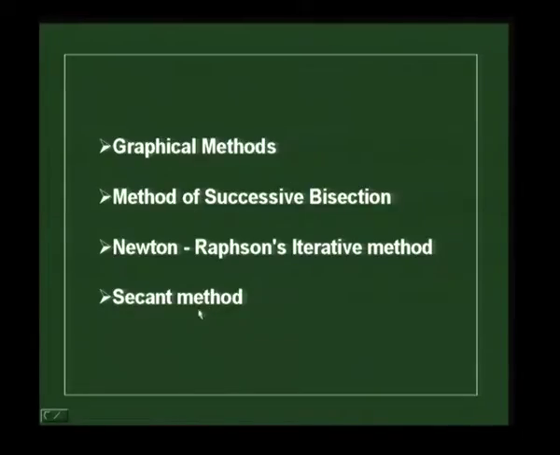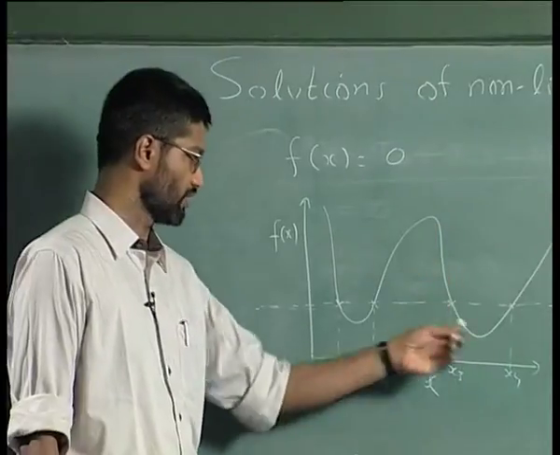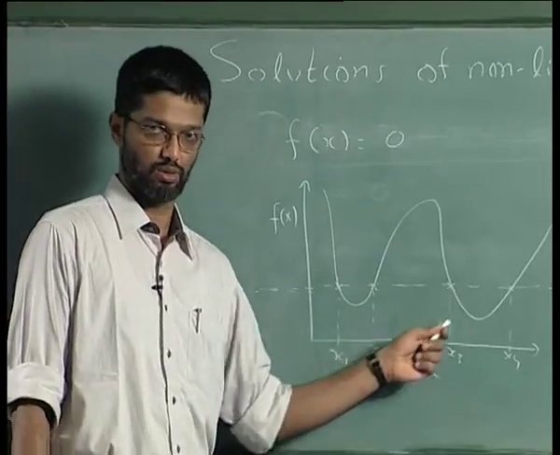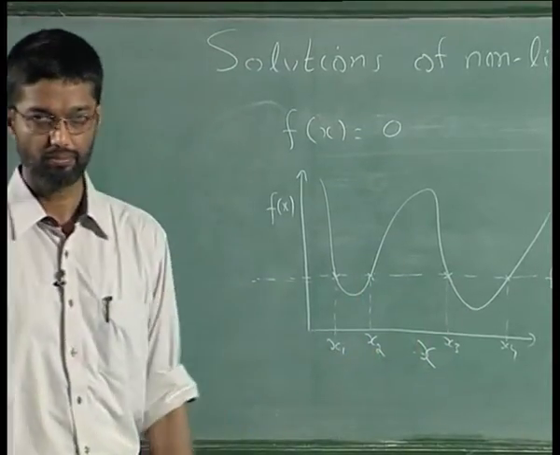So I would classify this as 2 basic methods. One is the graphical method, another is iterative methods. The graphical method is what I just described here on the board, that is just plotting the function and then looking at where it actually crosses the 0 axis.